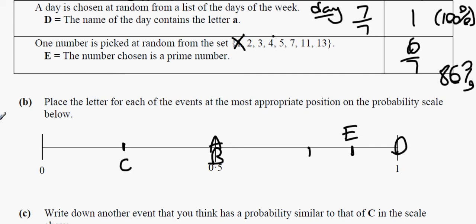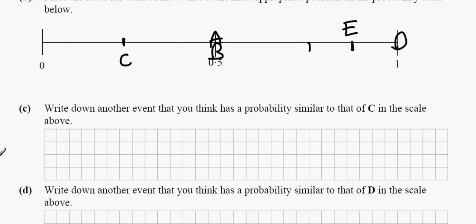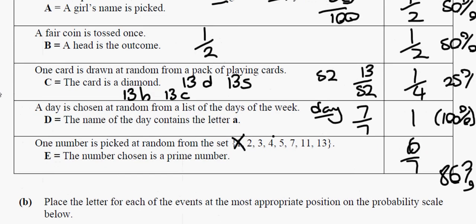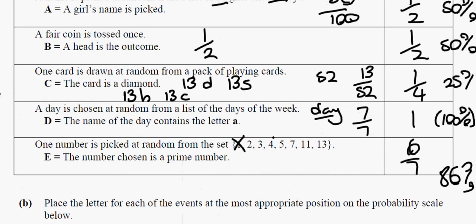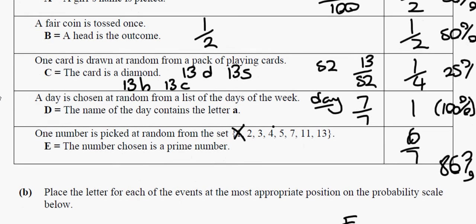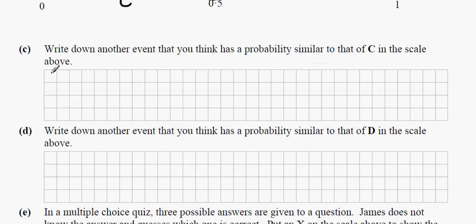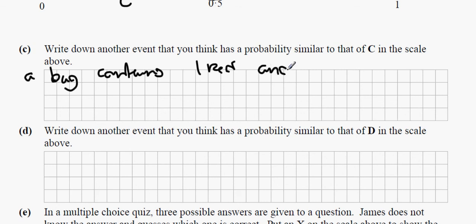Write down another event that has a probability similar to C in the scale above. C is a 25% chance. Okay, so let me see. You can say a bag contains 1 red and 3 blue discs.